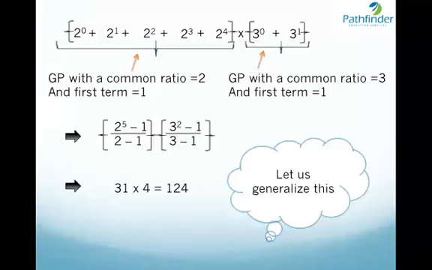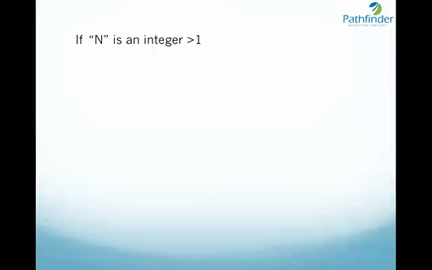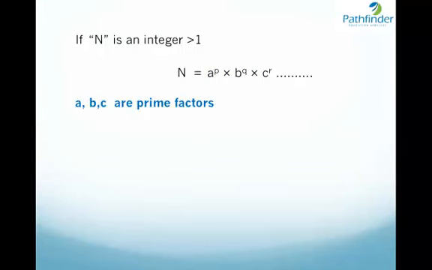So let us generalize this. On generalizing, if we have n as an integer which is greater than 1, then the first step is always to prime factorize. To find the sum of divisors, the first step will be to prime factorize n as a to the power p into b to the power q into c to the power r and so on. a, b, c are prime factors and p, q, r are natural powers of these prime factors.